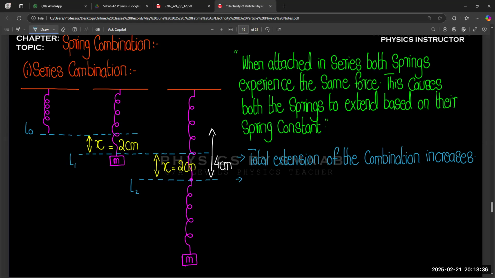And the second thing is the combination behaves like a soft spring.